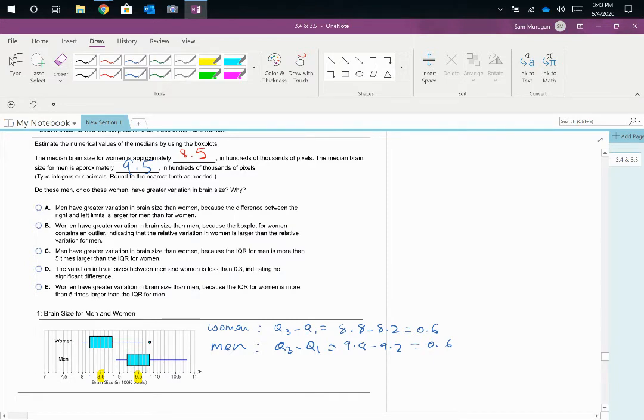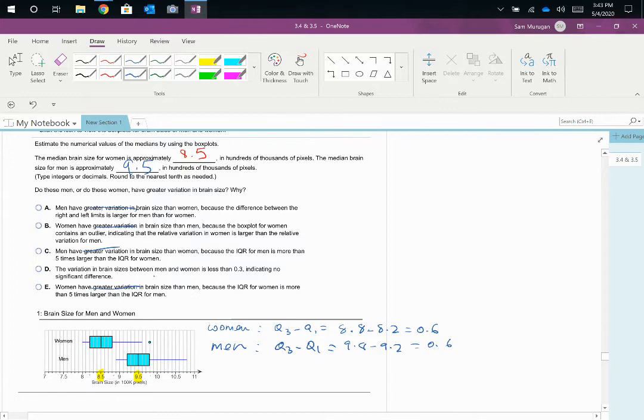So there's very little variation here. In other words, all of the answers that say greater are incorrect. All of them that say greater, there's little variation here.